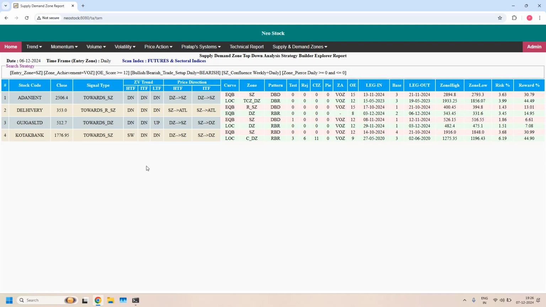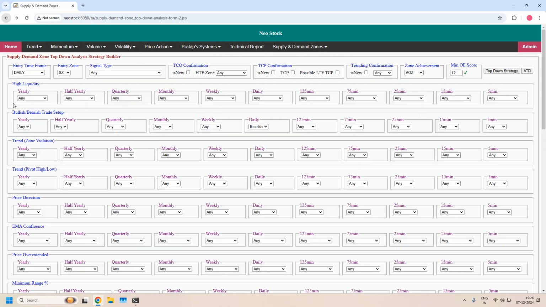So if the weekly supply zone is having weekly EMA confluence, it is even more high probability trade setup supported stocks. Let's find them, because daily is part of weekly. So we are looking for weekly EMA confluence on weekly supply zones. So the weekly supply zone with weekly EMA confluence filter is enabled, and this filter is applied to those 4 stocks.